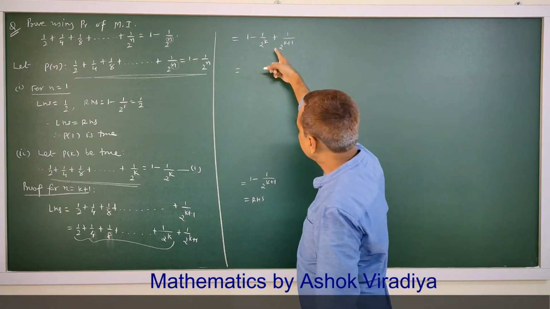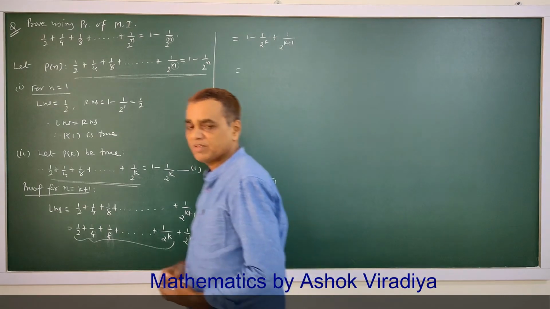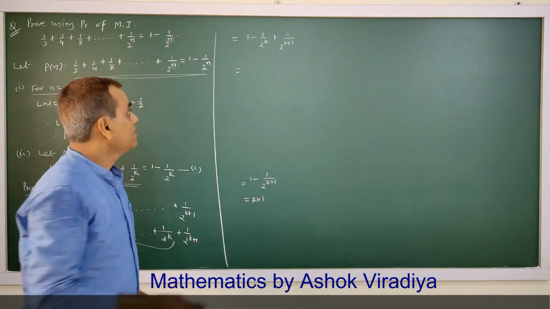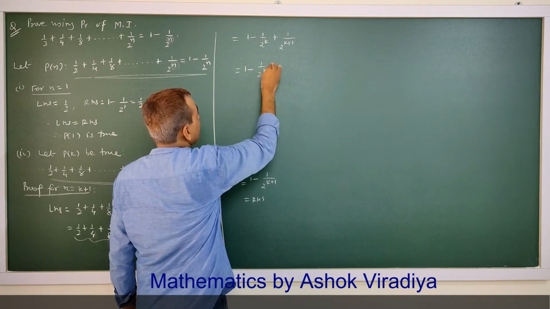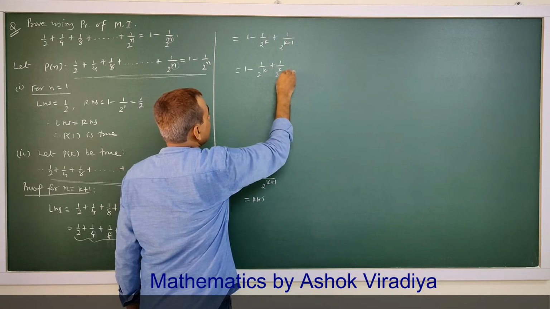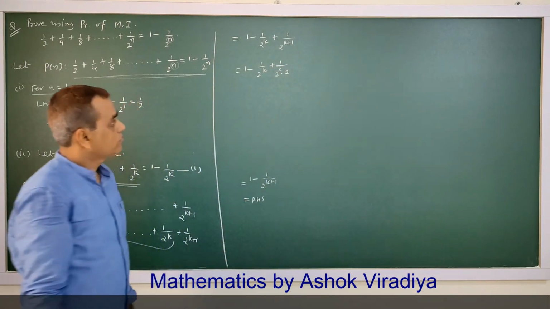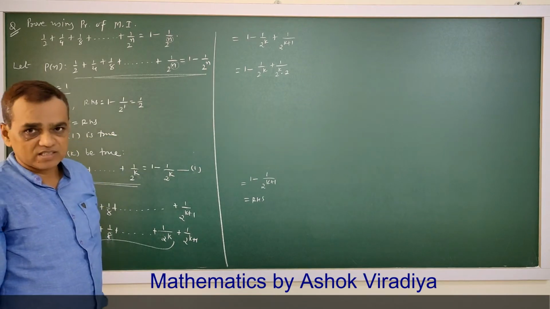Now we are at here and we are going to join this term into this term with sign of equality. So 1 minus, now say this is 1 upon 2 raised to k. This is 1 upon 2 raised to k into 2. 2 raised to k plus 1 is 2 raised to k into 2 raised to 1.